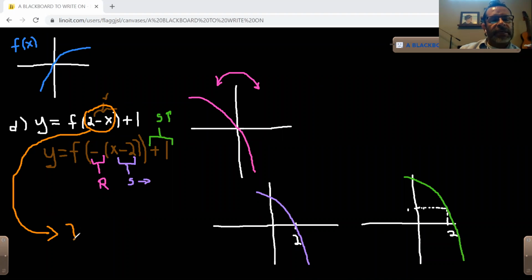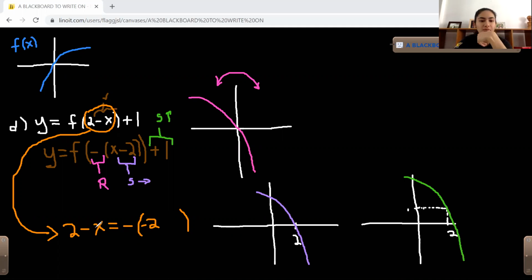This part that's inside is 2 minus x, right? 2 minus x. Whenever we've got a minus in the x, what I'm going to do is bring out that minus and factor it. If I bring out the minus, minus times what generates the +2? -2.